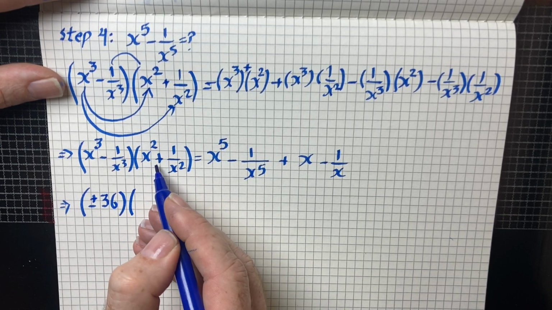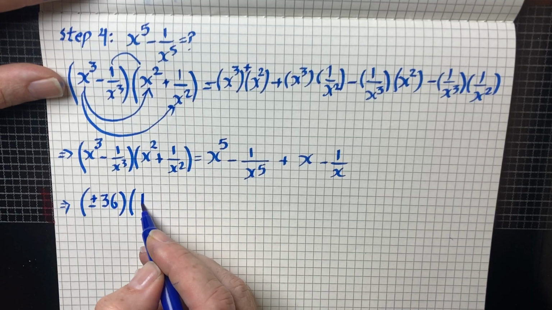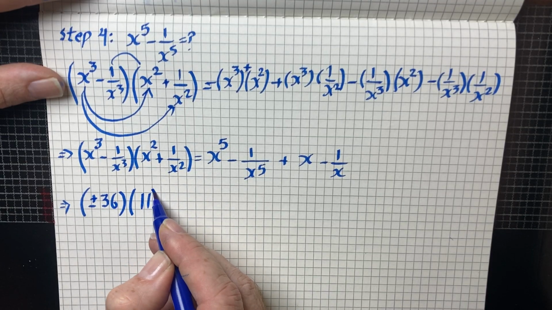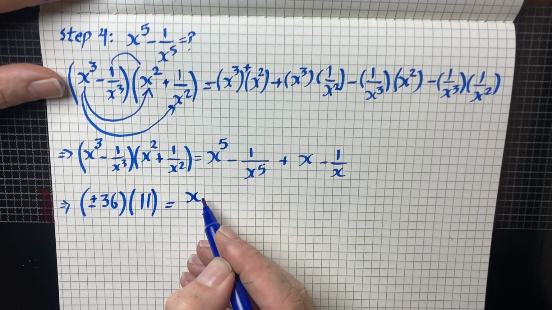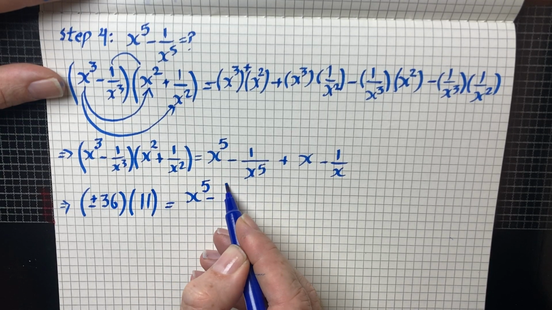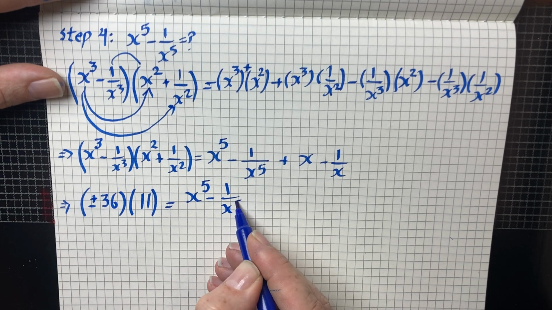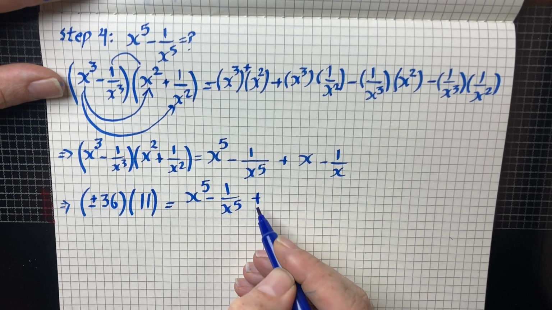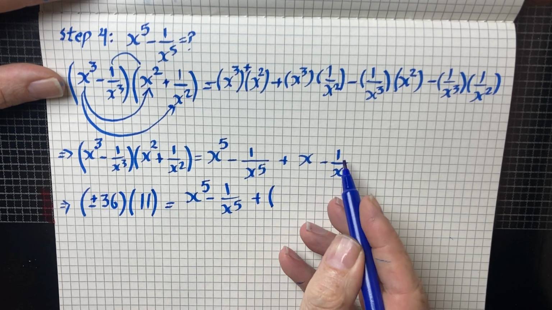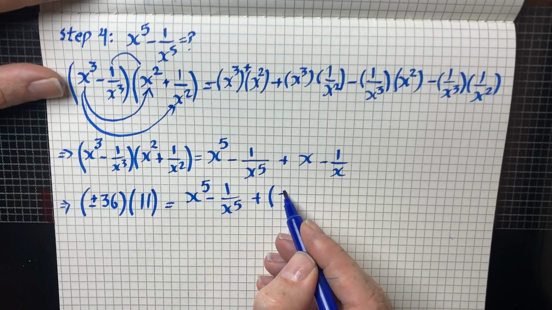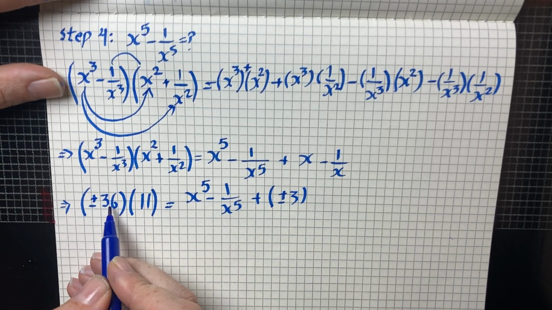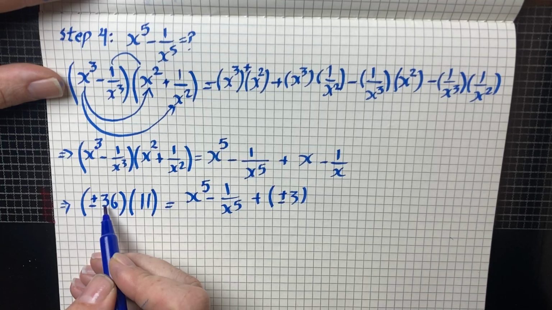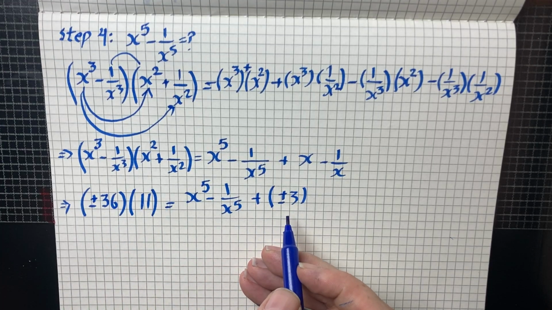X squared plus 1 over x squared in both cases is 11, and we are going to find out x to the power of 5 minus 1 over x to the power of 5 plus, and the value of x minus 1 over x is going to be positive or negative 3, which means when it is positive 36 it is 3, when negative 36 it is negative 3.